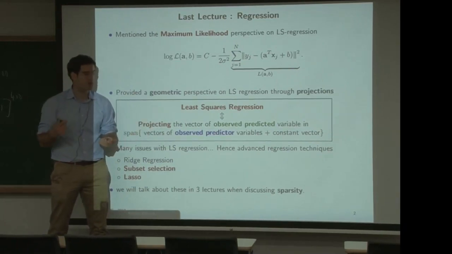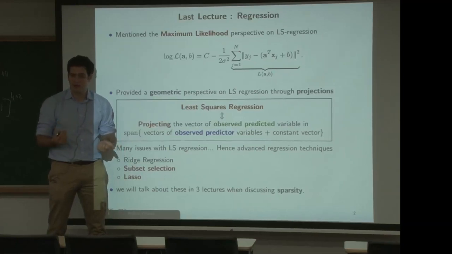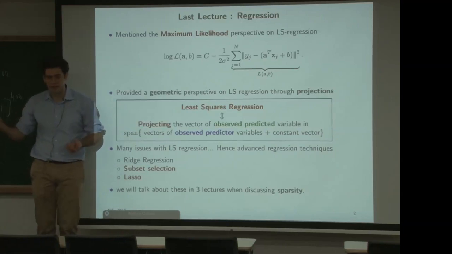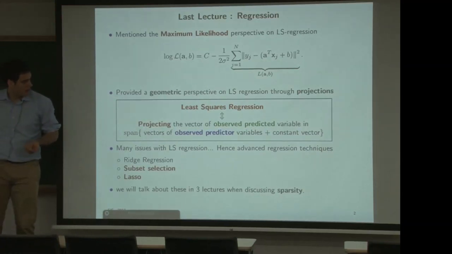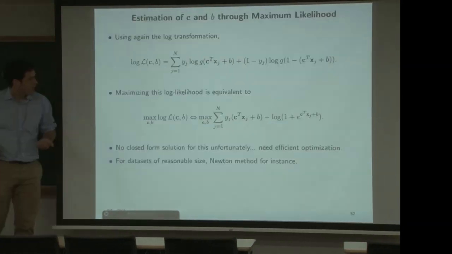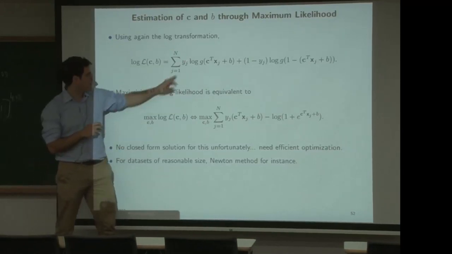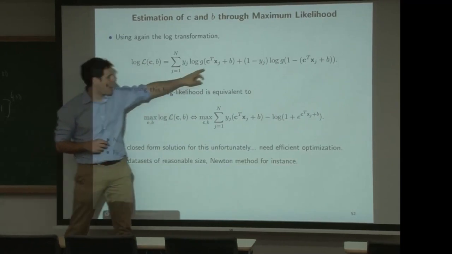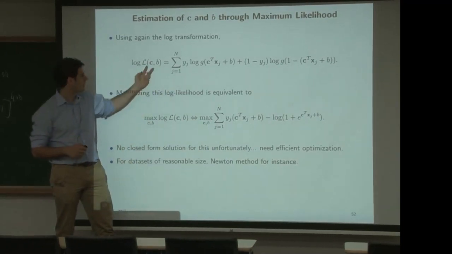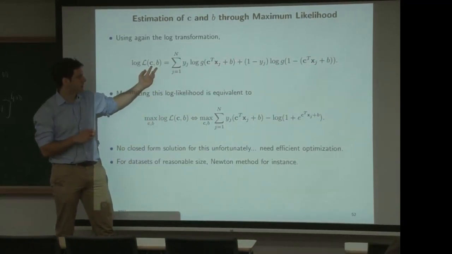If you remember the first lecture, we actually computed the gradient of this, and we showed that just using first order conditions, we could recover the solution, and there was the hat matrix, et cetera. The likelihood that we get now is this function, so it's a bit more complicated. We have again the yj's, we have again the xj's, and then we have again the parameters C and B which appear.